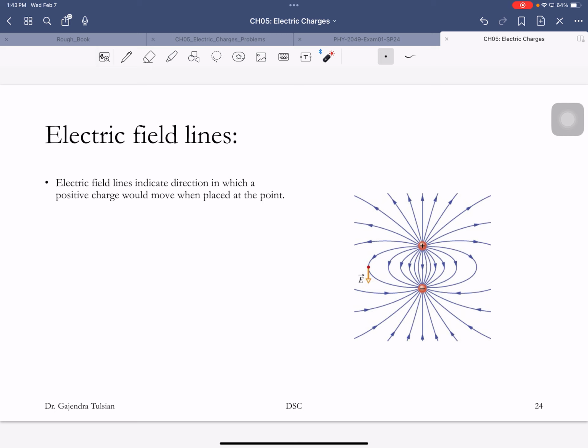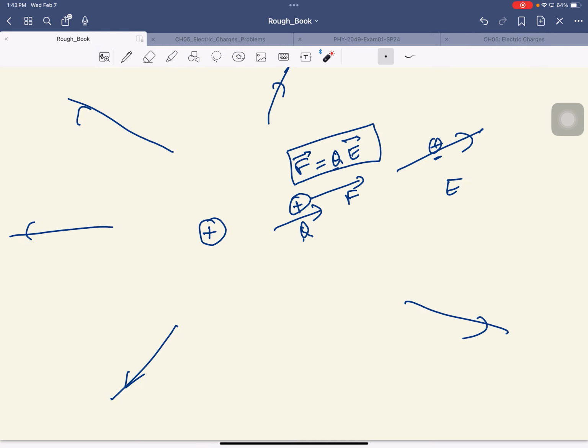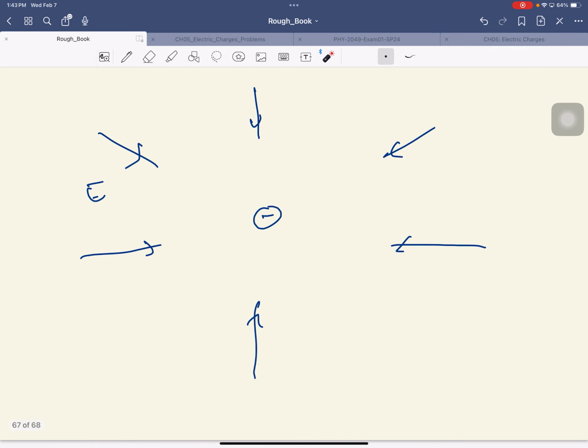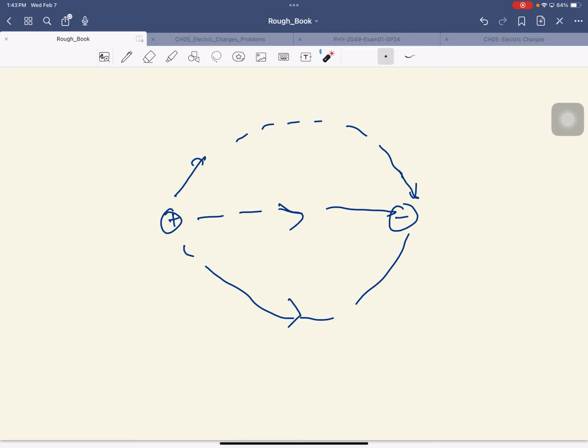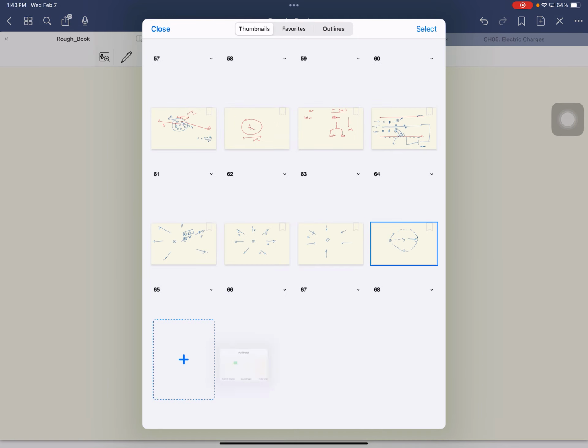Now here's the deal. Let's look at an atom. We've been looking at the atom quite a bit this class.